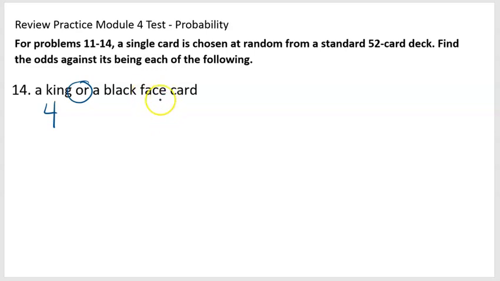And how many of them are black face cards? Well, there are 12 face cards in the stack. Let me explain. There's a jack, queen, and a king of hearts, a jack, queen, and a king of diamonds, a jack, queen, and a king of clubs, and a jack, queen, and a king of spades.